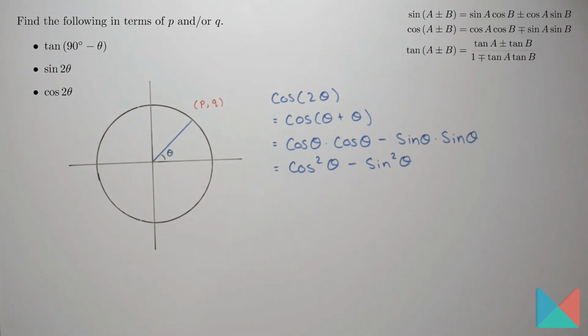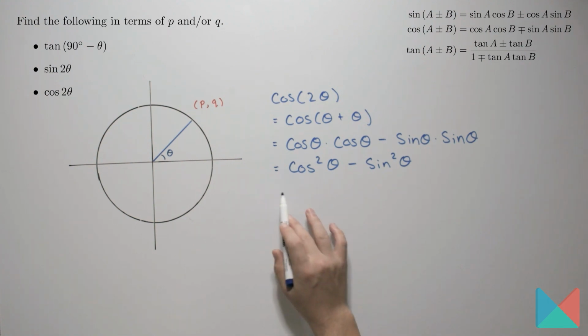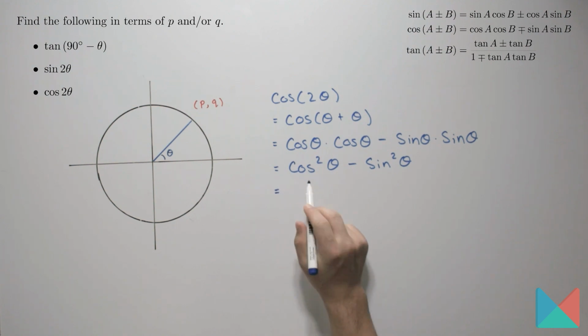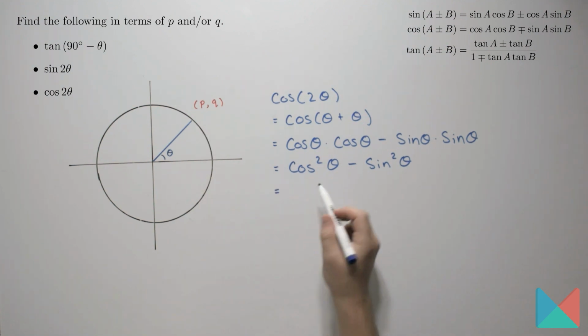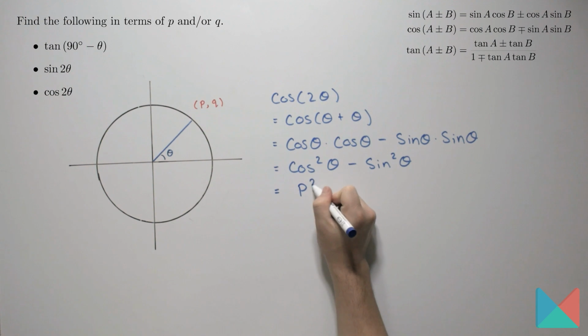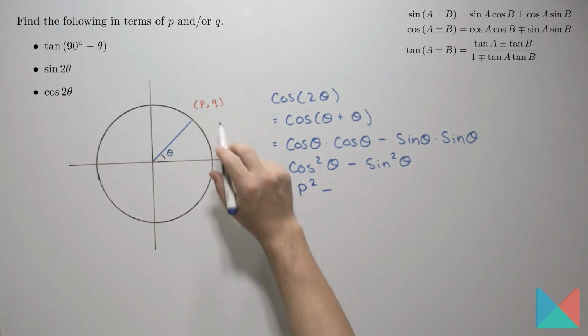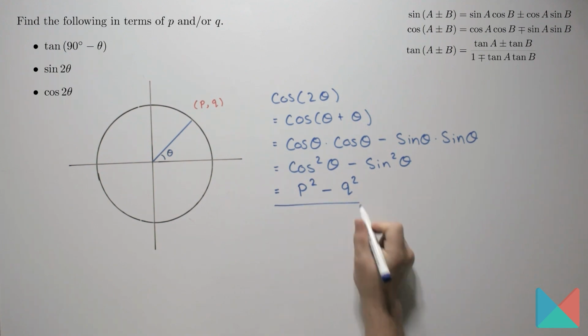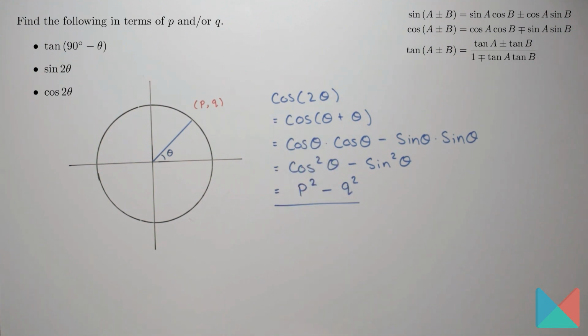Now from here we can go in a couple of directions. Firstly, we can start by just substituting our P and Q values straight into what we have here. And so we know that cos is our x component P, so cos squared will be P squared. And sine is our y component Q, so sine squared will be Q squared. And so we can represent cos of 2 times theta as P squared take Q squared, or cos squared take sine squared.